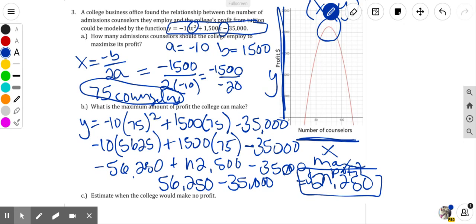Okay, and the last question is asking, estimate when the college would make no profit. So sometimes some of the height ones ask you to identify when it would reach the ground. So that's like when there's no height. This one's no profit. So basically, there's nothing that we do algebraically. We just look at the graph and we estimate it. So I just wrote over my numbers here.